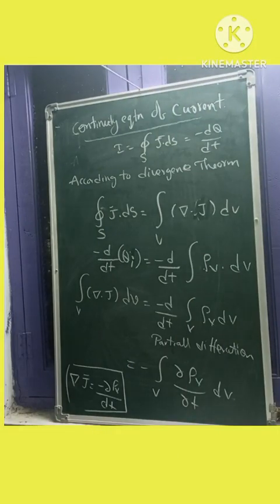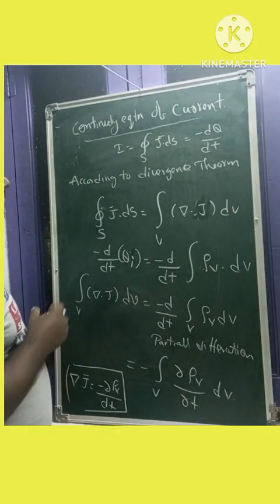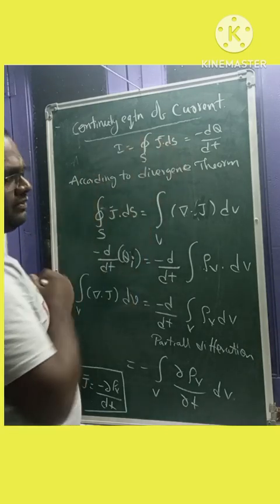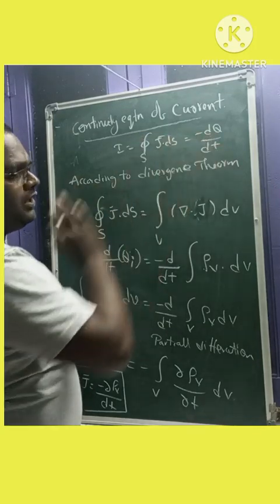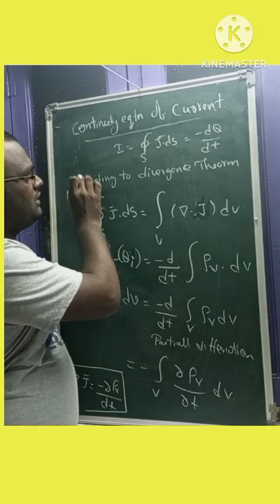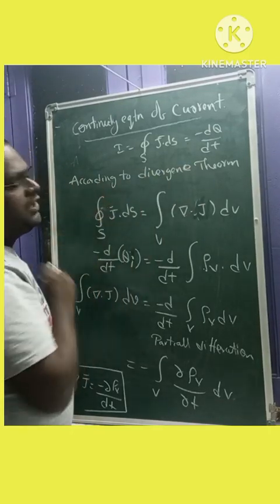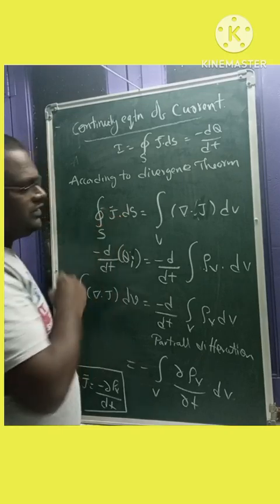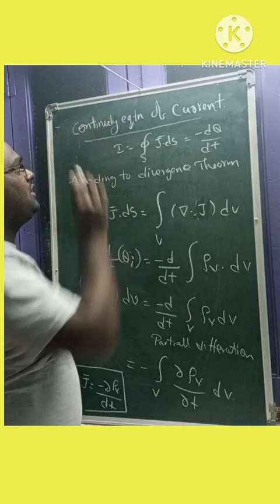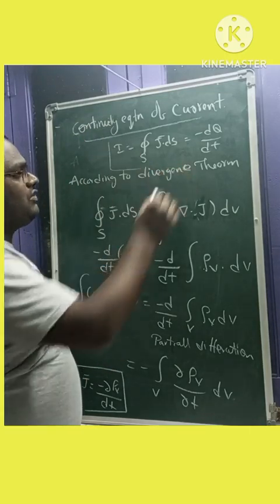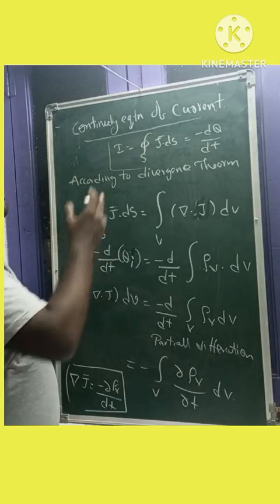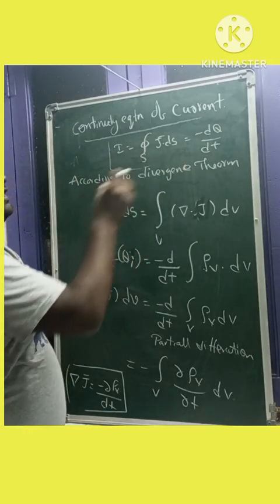Let's continue with the continuity equation of the current. Here I is equal to the surface integral of J dot dS, which equals minus dQ by dt. This is the integral form of the continuity equation.